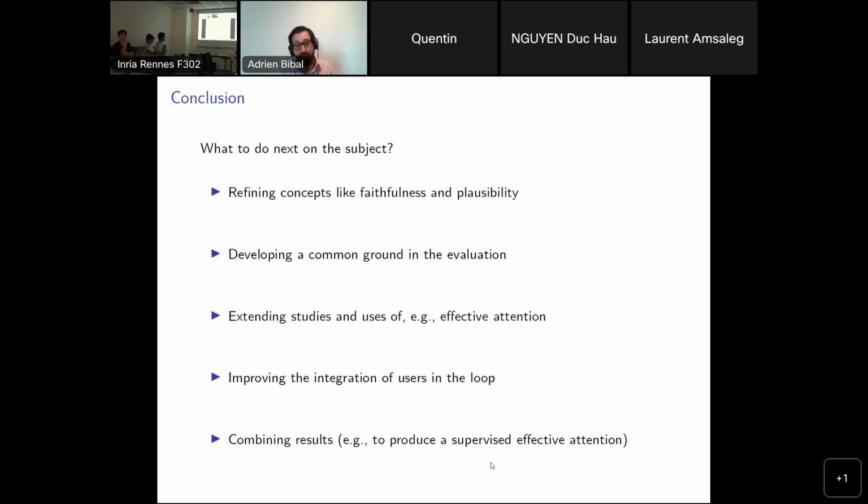So maybe another paper that can be done in the future is to see, as I've shown in my presentation, that we can have different conclusions given the different tasks that we're analyzing. But maybe we can have even different conclusions with the different data types.